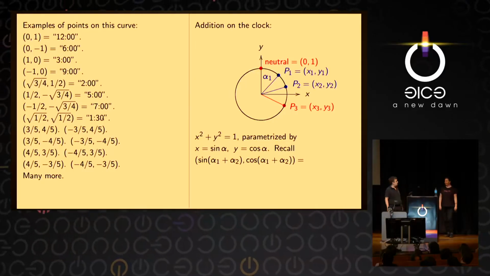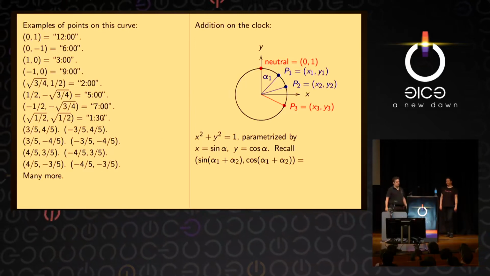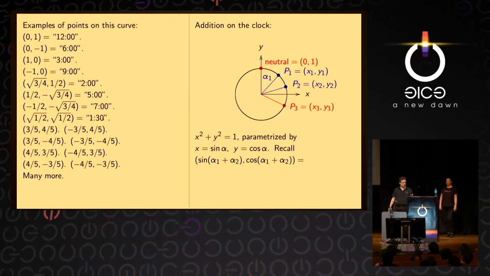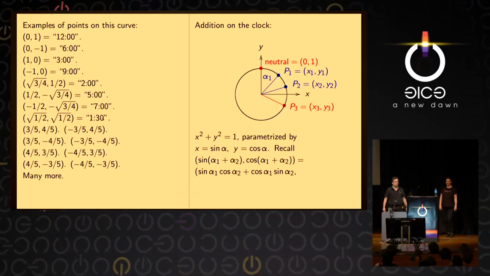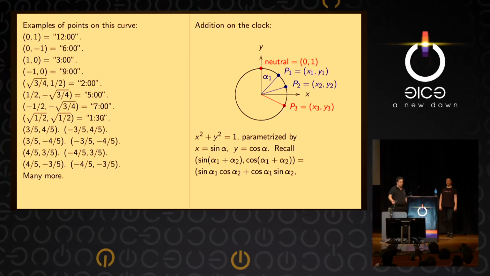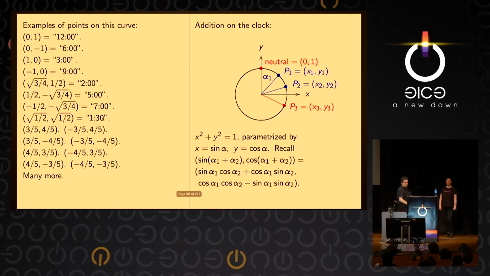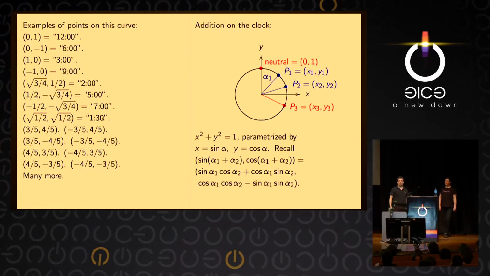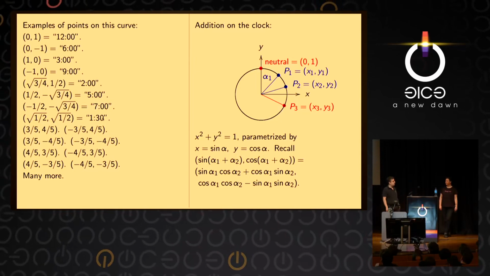And then if you remember, there were these horrendous trig formulas for sine of the sum of two angles, and cosine of the sum of two angles, and sine of alpha 1 plus alpha 2 is sine of alpha 1 cosine of alpha 2 plus cosine of alpha 1 sine of alpha 2, and there was something else like that for the cosine. So you can add points on the clock using these sine and cosine formulas.